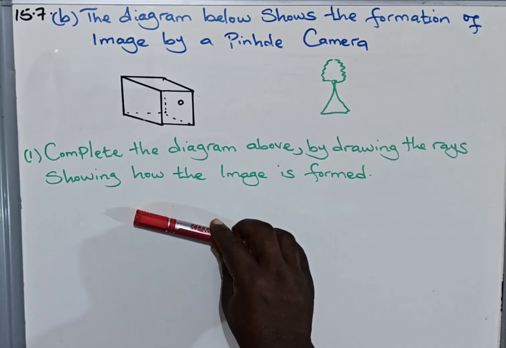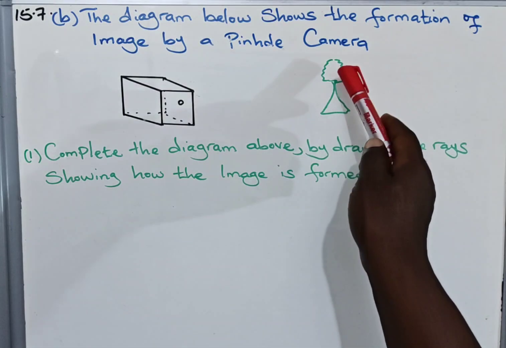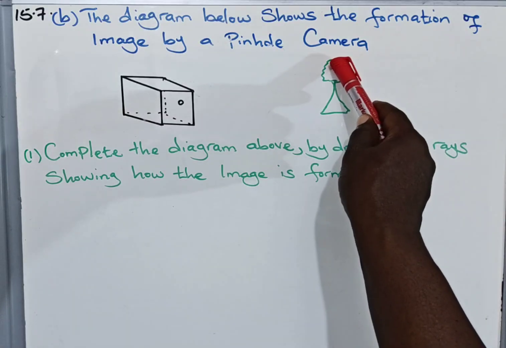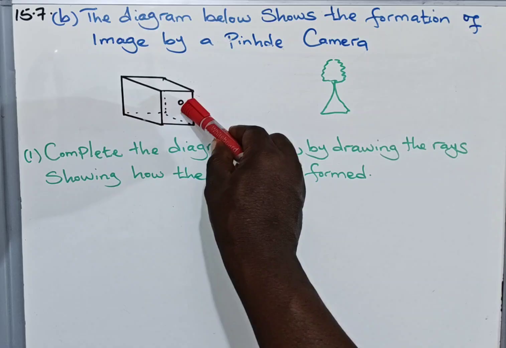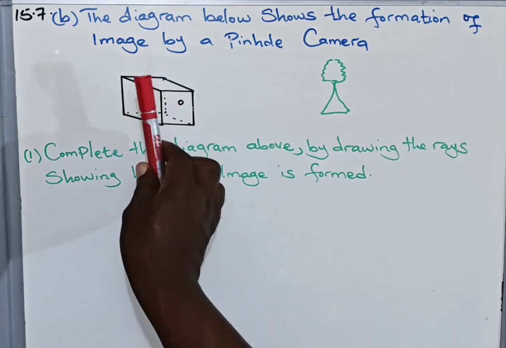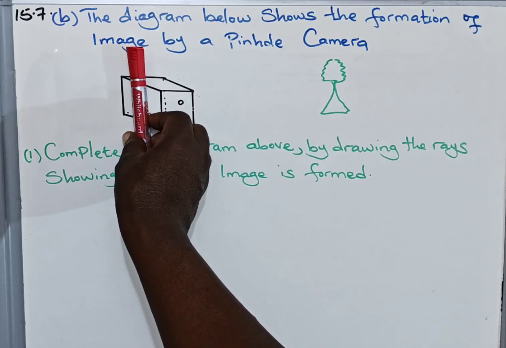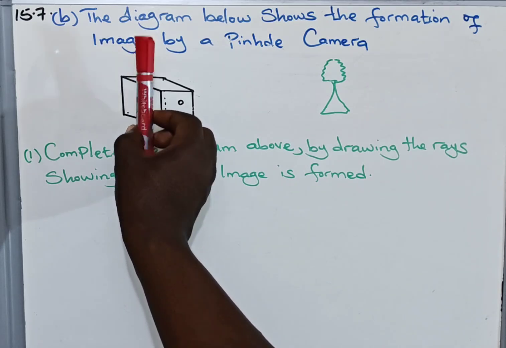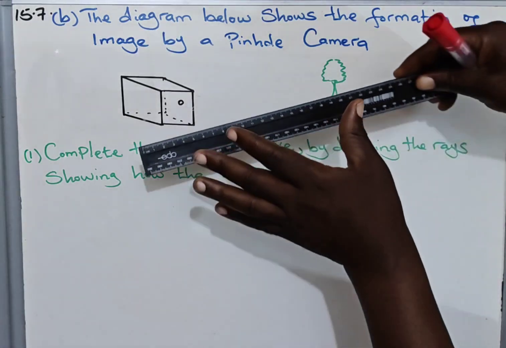How do we accomplish this? Here you have to know that the rays come from the object. They come and pass through the hole, and what is behind is the film where the image is formed. So how do we show this diagrammatically?